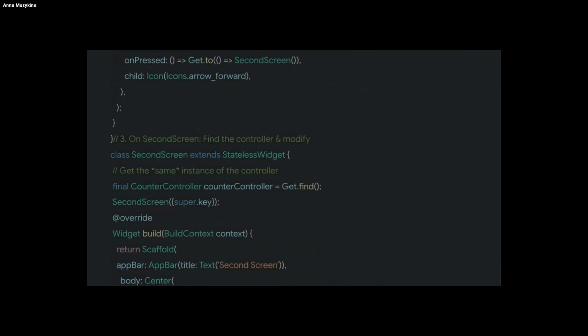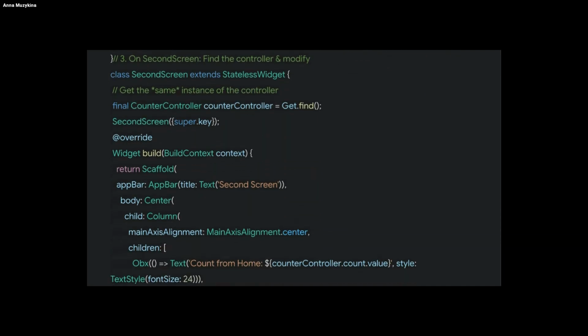And now any changes to the counter controller count on the second screen will automatically reflect back on the home screen because both are using the same instance and Obx is reacting to its changes.